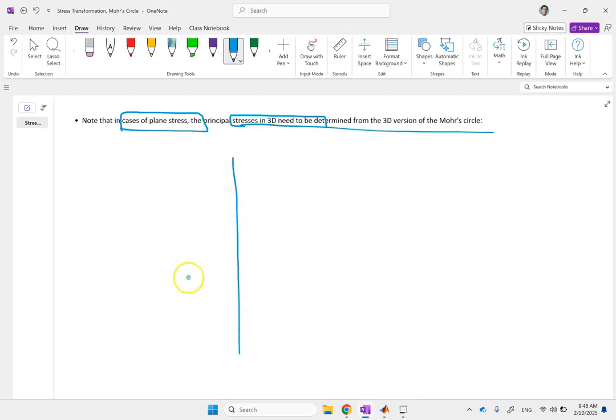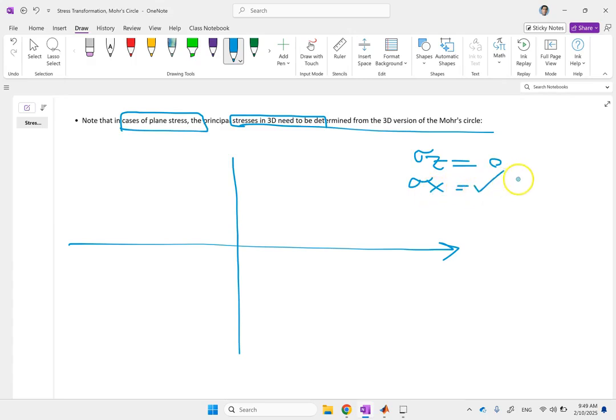So you have sigma x, sigma y, tau xy, and the third stress, sigma z, is going to be 0 in that case, okay, because it's plane stress, but sigma x and y are given to you, as well as tau xy, they are not 0, and they ask what is the maximum stress in 3D as opposed to 2D. In that case, remember, there are going to be 3 circles.